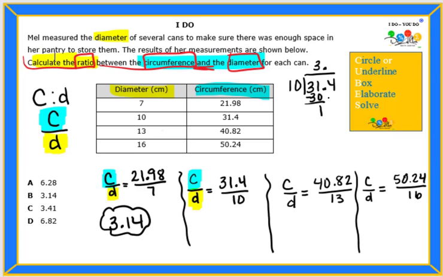We subtract and get 1. Bring down a 4. 10 goes into 14 one time because 10 times 1 is 10. We'll have 4 left over, so we're going to add a 0 to bring it down. And 10 goes into 40 4 times. And that gives us 40. So we are done. And for this circumference divided by the diameter, we got 3.14.